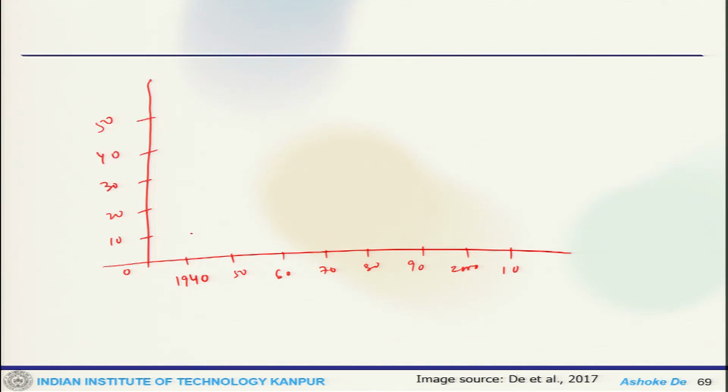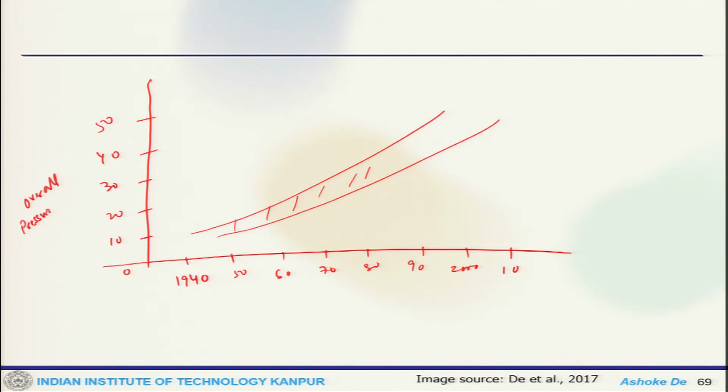So, there is an increasing trend of pressure ratio. This is overall pressure ratio, and this is years.